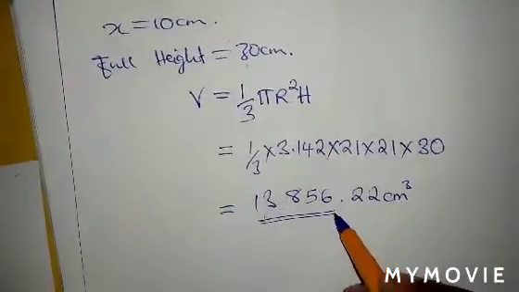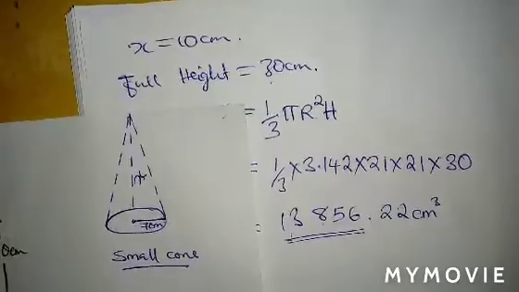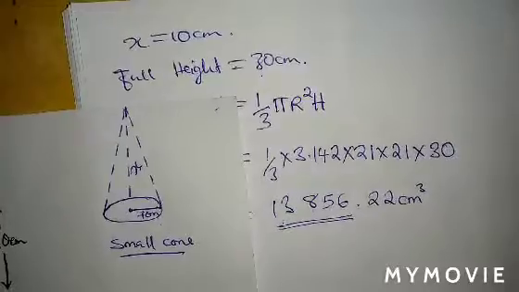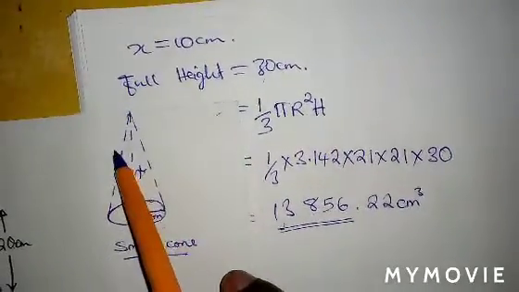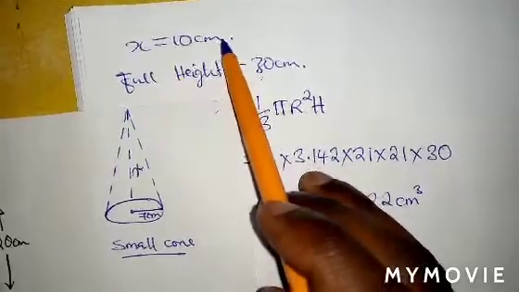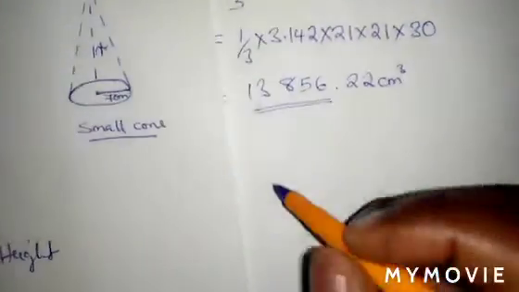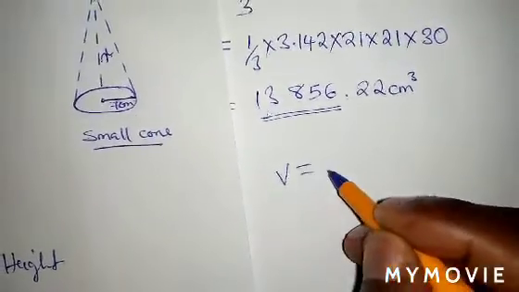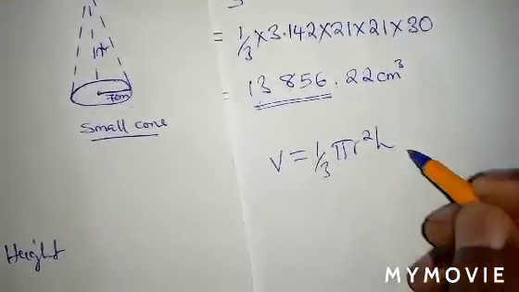Now we have to calculate the volume of the small cone. Remember, our small cone had a radius of 7 centimeters and a height which we found as 10 centimeters. Therefore, we can now calculate the volume of this small cone. The volume of the small cone is 1/3 r squared h.